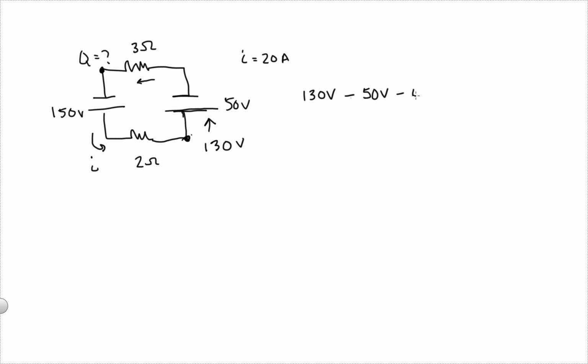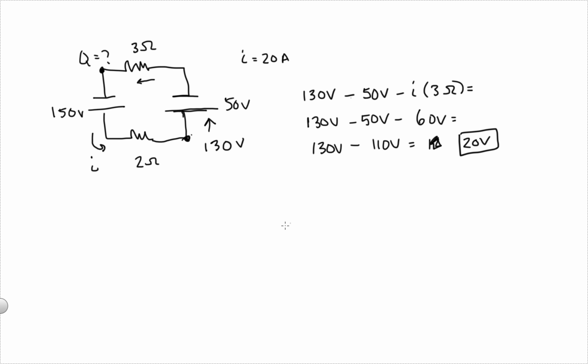And so that's going to give us a minus I times 3 ohms. So that's 130 volts minus 50 volts minus 20 times 3, 60 volts. So this is 130 volts minus 110 volts, which is 20 volts. Not 120, 20 volts.